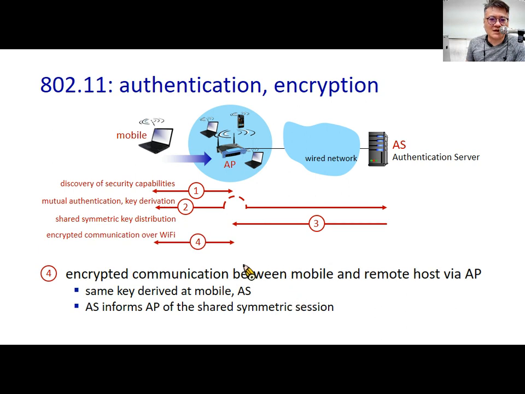And in step 4, the AP and the mobile then encrypt the communication over the Wi-Fi. So the communication between the mobile and the remote host via the AP is encrypted with the same key derived at the mobile and the authentication server.